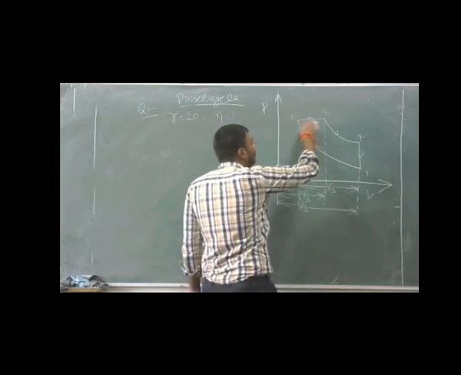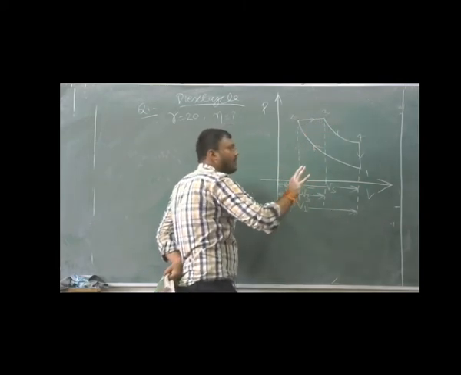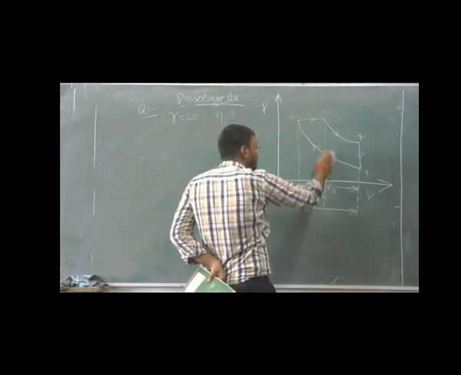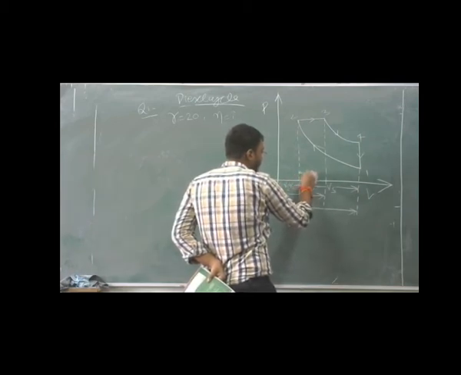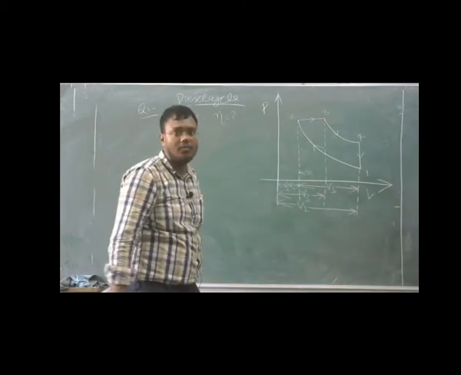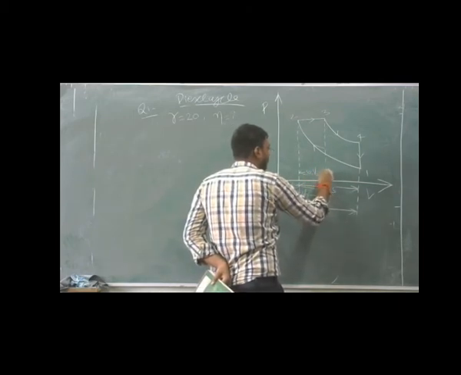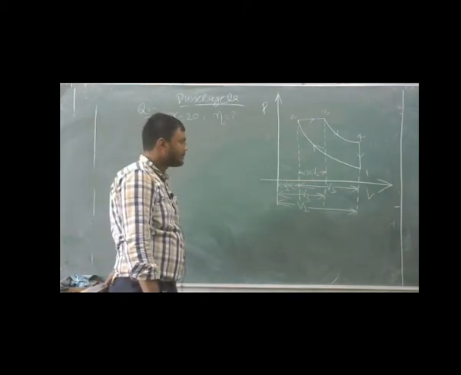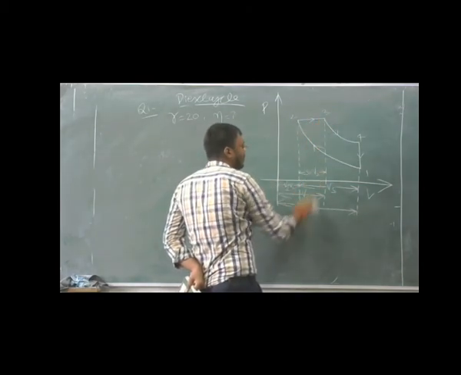It means the volume between 2 and 3, between these two lines, is 5% of the stroke volume. Stroke volume is Vs, so 5% of Vs is given in the question.